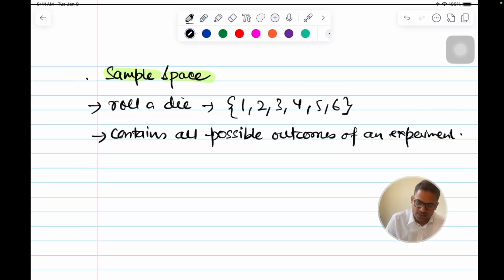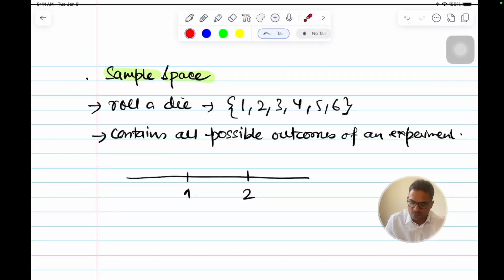I can give you more examples. For example, you have the number line and you want to choose any number between 1 and 2. My sample space is this whole number line segment, the whole range.